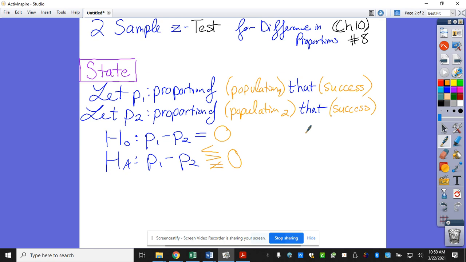And then what's the other thing that usually goes with state? And again, I don't care what you choose to write there, but which one do we use if one is not given?